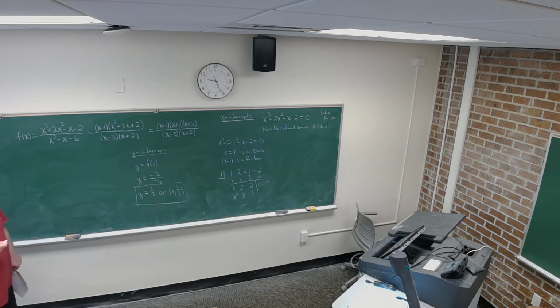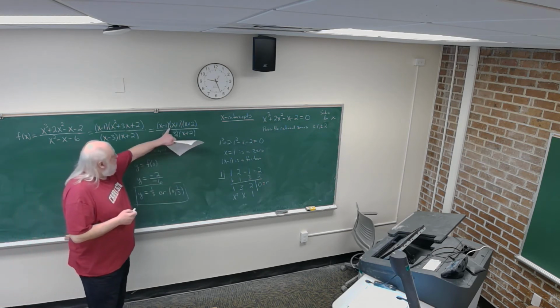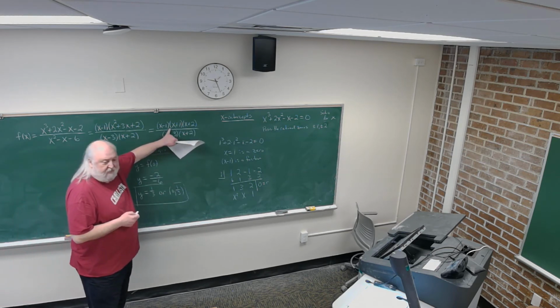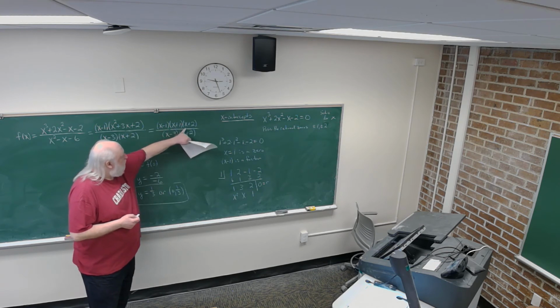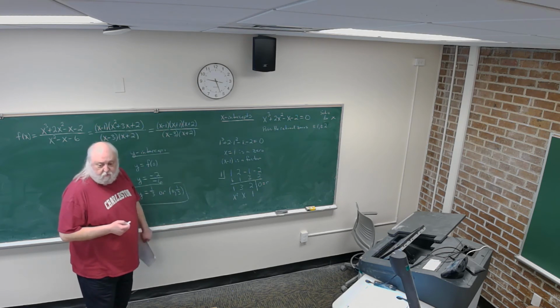Now you will notice that there's a common factor in the numerator and denominator. Okay. And so if we were to set the numerator equal to 0 and solve for x to find the x-intercept, we would think there's an x-intercept at x equals 1, at x equals minus 1, and at x equals minus 2.